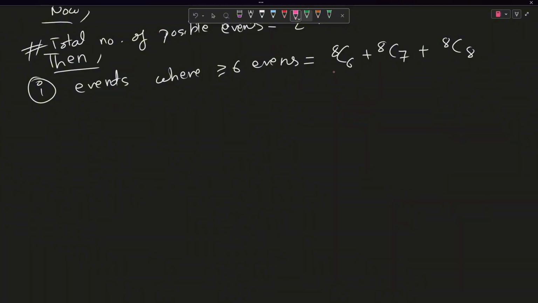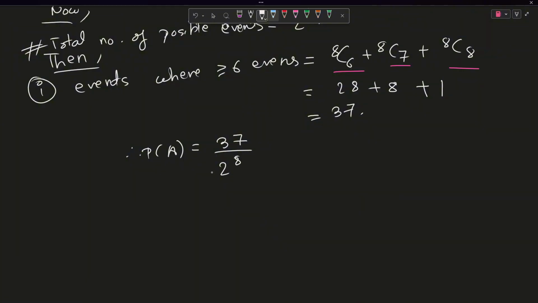This corresponds to 6 even, 7 even, and 8 even. So this is just 28 plus 8 plus 1. You can just expand and see. This is just 37. Therefore, P(A) is 37 over 2 to the power 8.